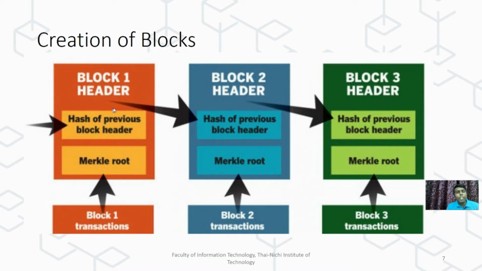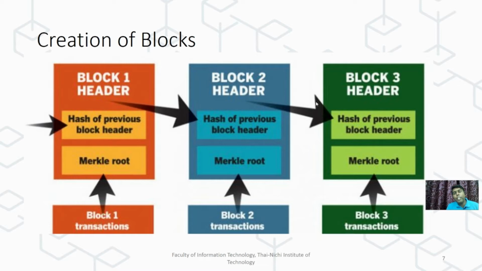Next, when the block size is full, it will move to the next block. This block will have the hash of the previous block, which is block 1. So block 1's hash value is stored in this part, and then we have the Merkle root, which will keep storing the transactions within block number 2. So we finish with block 1, and any transaction which happens will be stored within block 2 with this particular Merkle root.